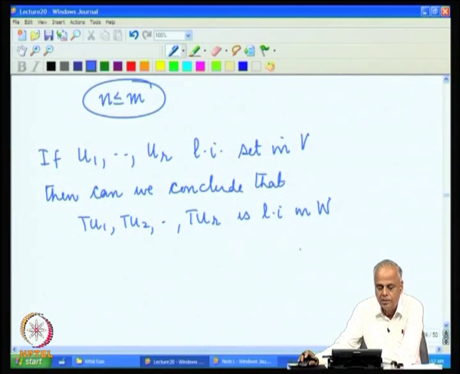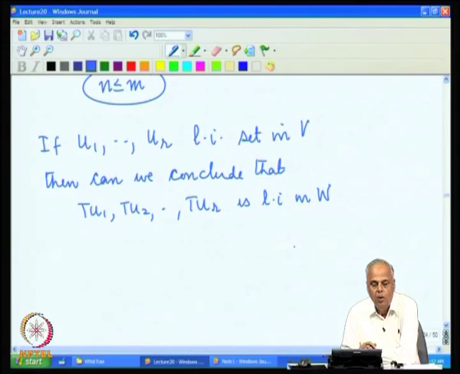And the answer is yes, and it is the 1-1ness that gets us to the result. Now, this would help us to connect again the rank and the dimension of V.